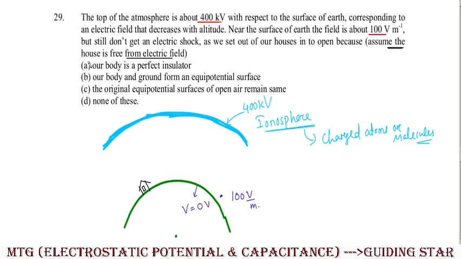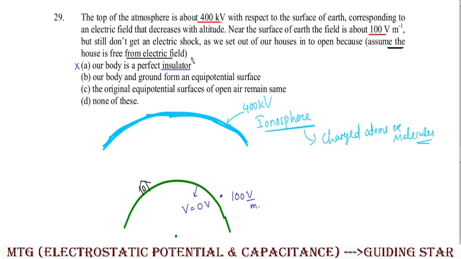If we check the options, option A says that our body is a perfect insulator. I think it is wrong. Why? Because we generally consider our body to be a conductor. It may not be a perfect conductor, but it sometimes behaves as a conducting body. Why?